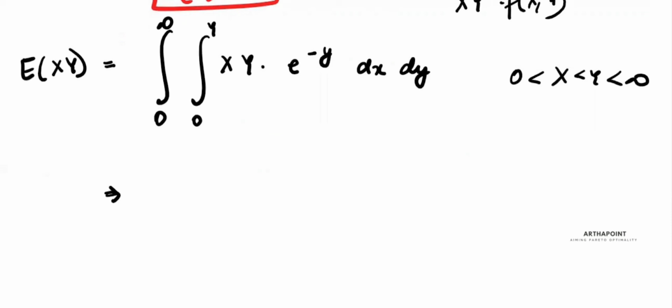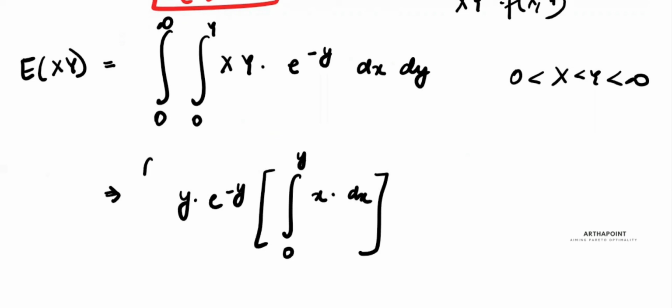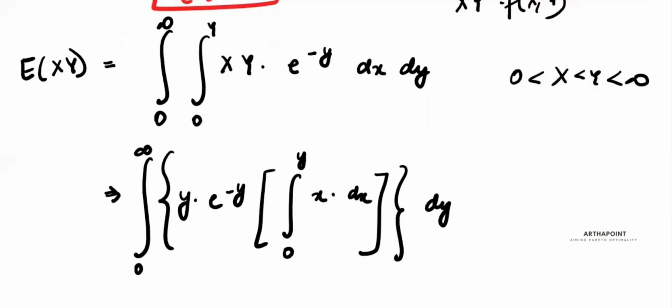When I integrate over all values of x, y into e to the power minus y will be constant, and this will be 0 to y over all values of x. And then I will integrate over all values of y. Just focus on this aspect for now, okay? This is what you have to focus on.